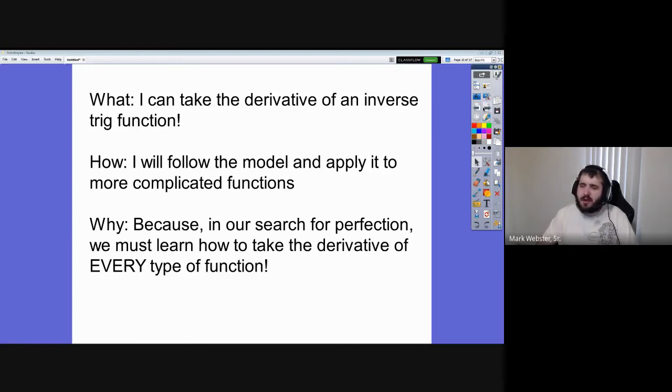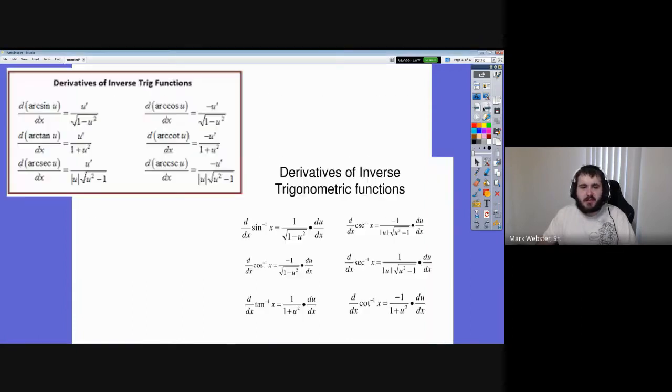I just want to present you with all the possibilities. Here we have inverse sine, inverse cosine, inverse tangent, cotangent, secant, and cosecant. I have it written two different ways, and you'll notice they basically look the same.